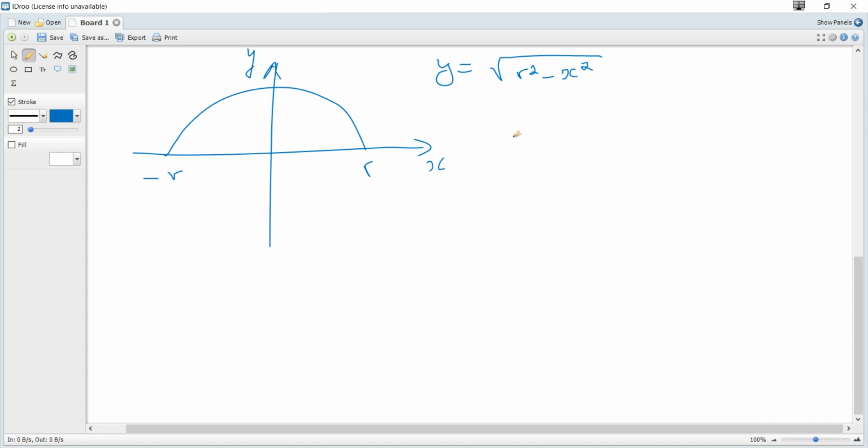So we need to just find the derivative dy dx, and we can see that it looks like some function raised to some power.